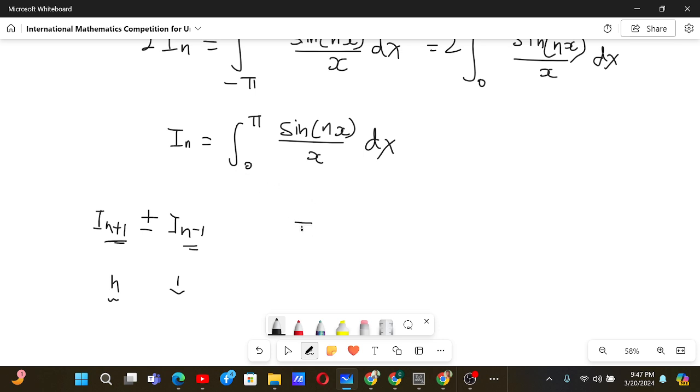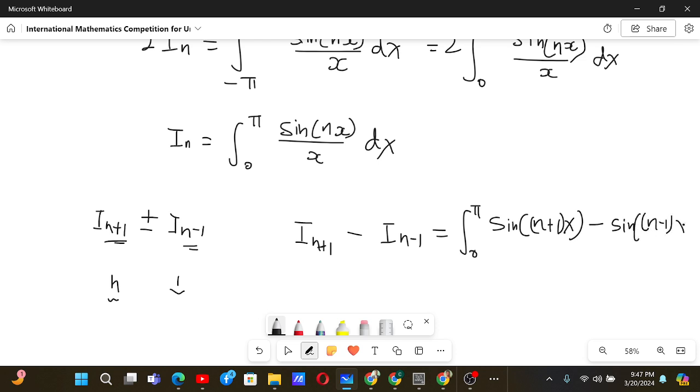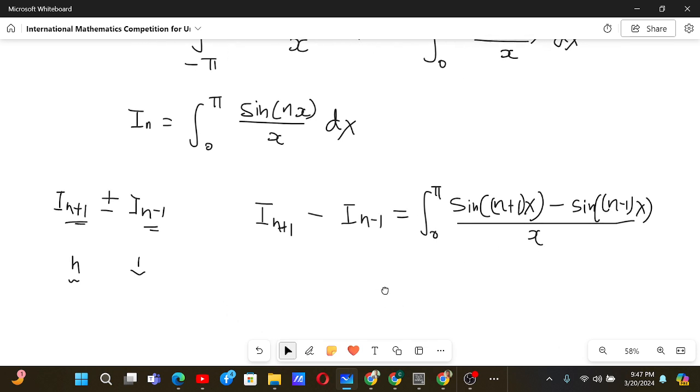So basically now if we try to find I of n plus 1 minus I of n minus 1, we get the integral from 0 to pi of sine of n plus 1 x minus sine of n minus 1 x, by x dx.